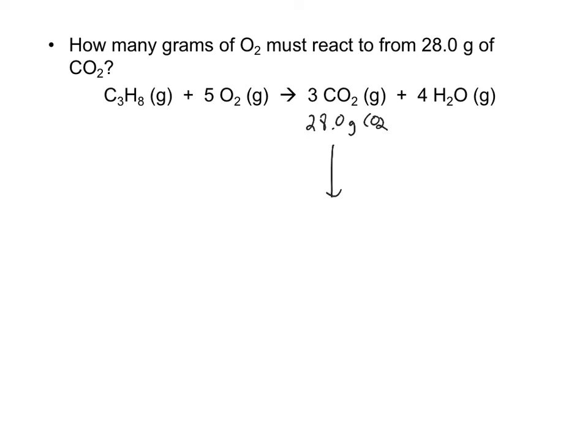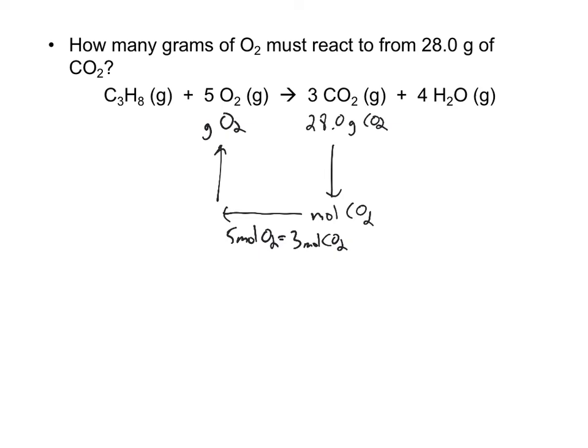So I need to go to moles of CO2. Then I can use the stoichiometric coefficients, where I know that 5 moles of O2 will react to give 3 moles of CO2. And then I can get what I'm looking for, the grams of O2.